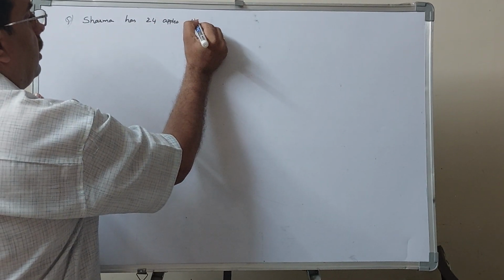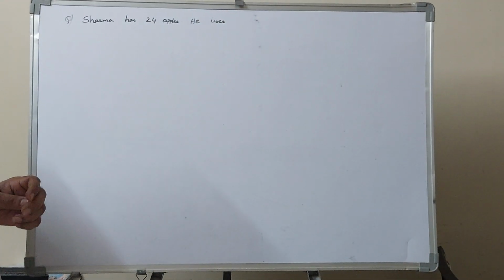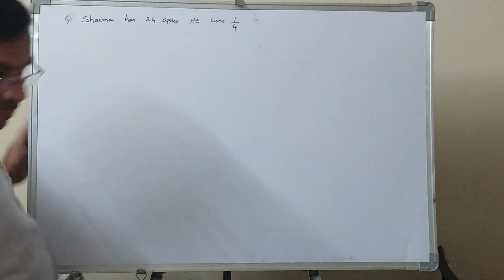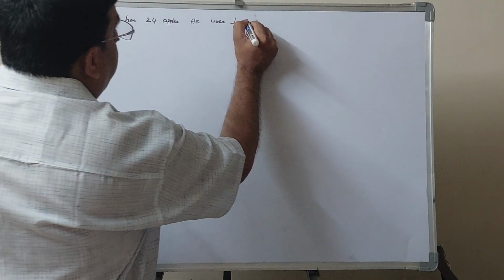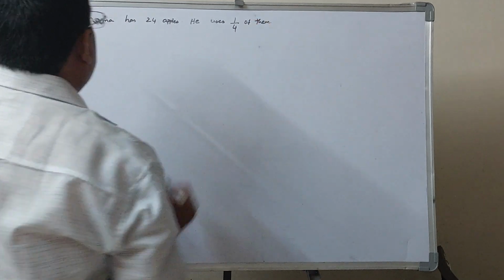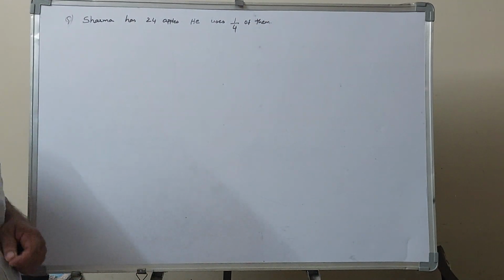He uses 1 by 4 of them. Sharma has 24 apples. He uses 1 by 4 of them.